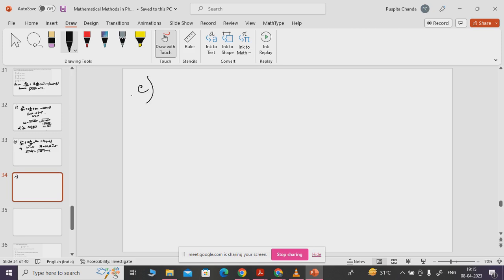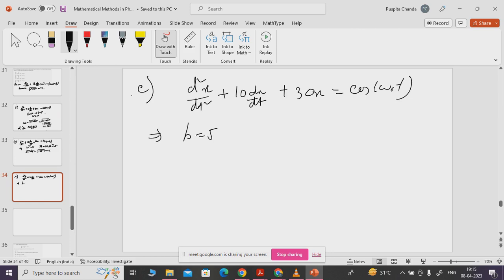Okay, for C also, 10 dx/dt plus 30x is equal to cos omega naught t. Here also b is 5 and omega square is equal to 30.